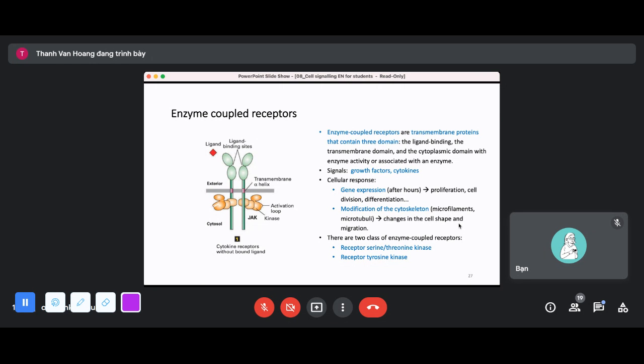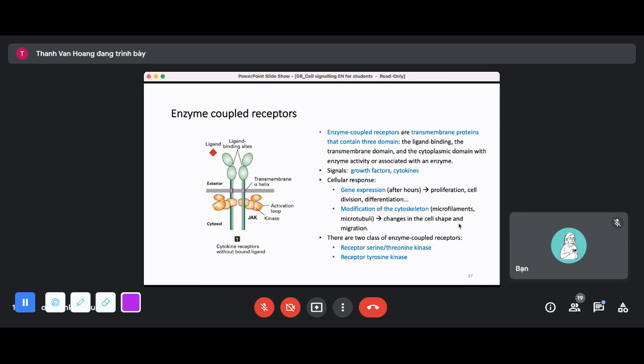So in our case, when we have an injury, fibroblasts should migrate to the injury site and repair the cells and tissues there. That's why it's important for them to change their behavior.